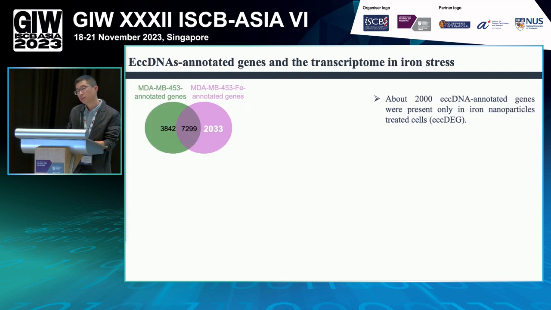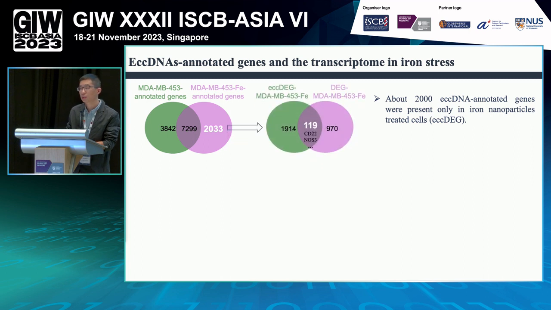We can see that 7,000 eccDNA-noted genes overlap in cells with or without IO nanoparticle treatment, and about 2,000 eccDNA-noted genes are present only in IO nanoparticle treated cells. We focus on this part of genes to analyze, and we call it eccDG.